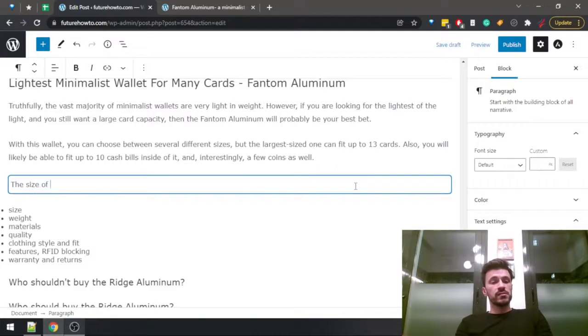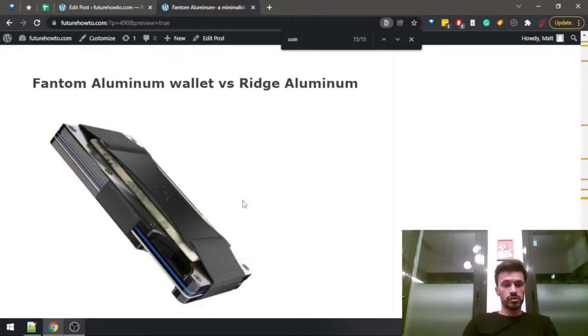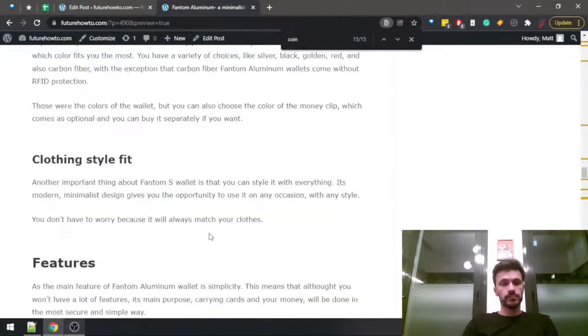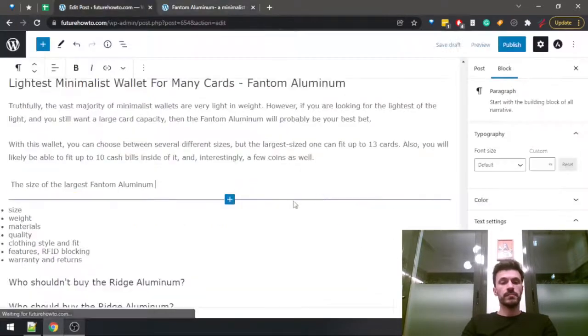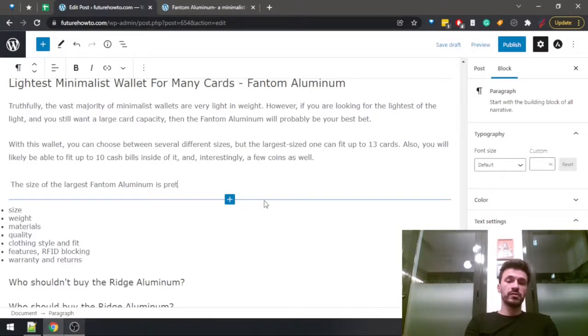The size of the largest Phantom Aluminum, yeah, it's 46 grams, and the dimensions are pretty small.